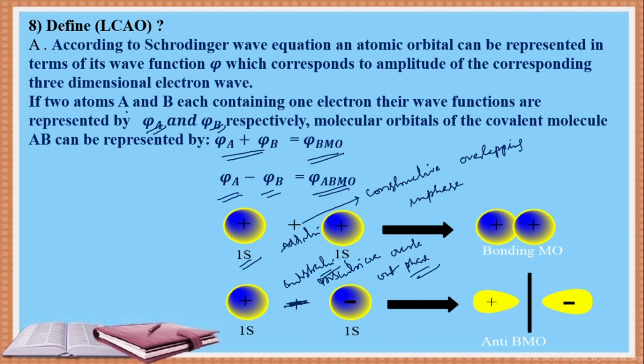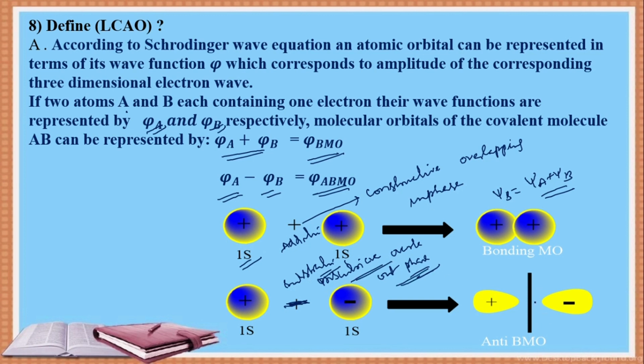The wave function of atom A and the wave function of atom B combine, so we get the bonding molecular orbital, psi A plus psi B. This is in-phase overlapping, constructive overlapping, or addition overlapping, where similar lobes are overlapping. Here the opposite lobes are overlapping, the subtraction method, destructive overlapping, or out-of-phase overlapping.